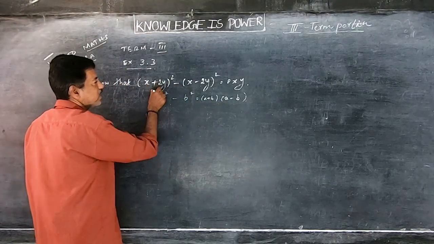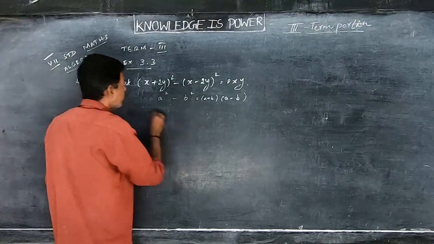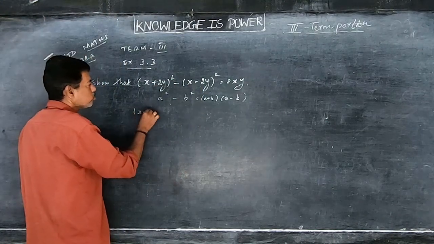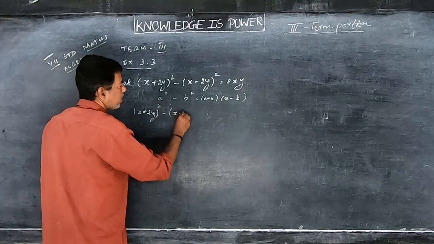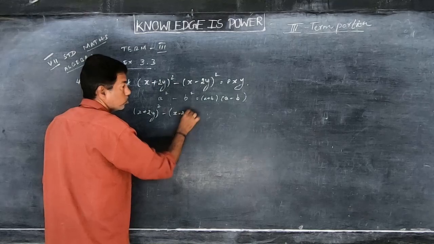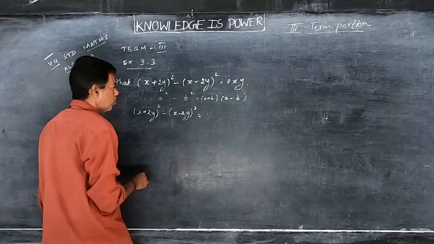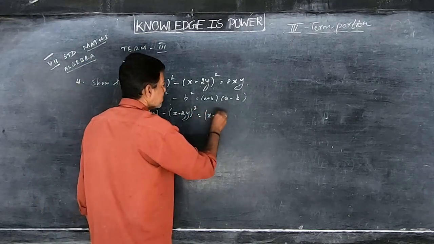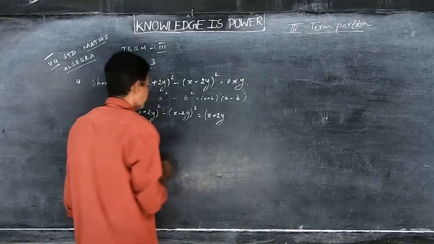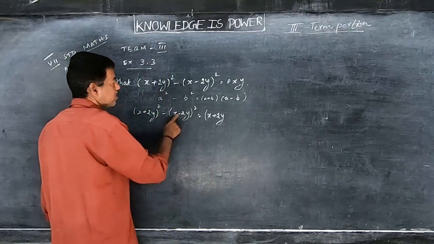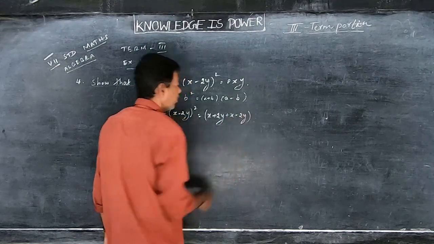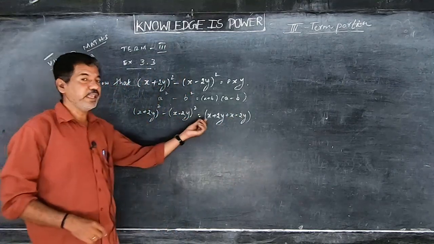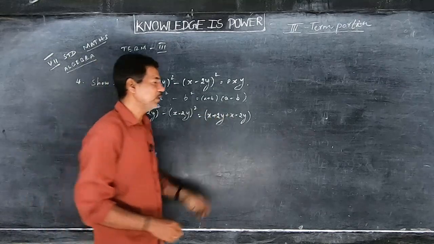Okay, think this as a square and this as b square. What is that? X plus 2y whole square minus x minus 2y whole square equal to, what is a? X plus 2y. What is b? X minus 2y. Now I write a plus b.